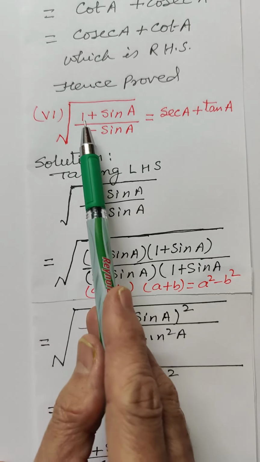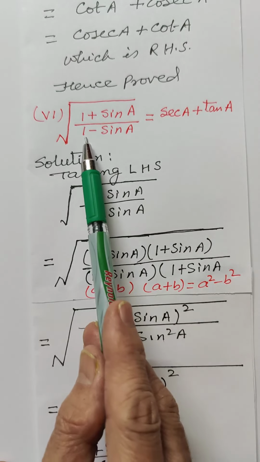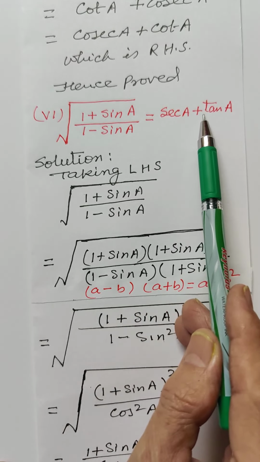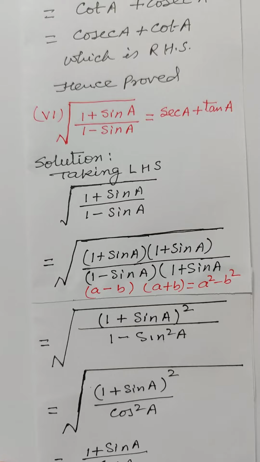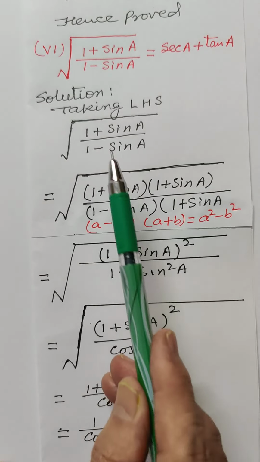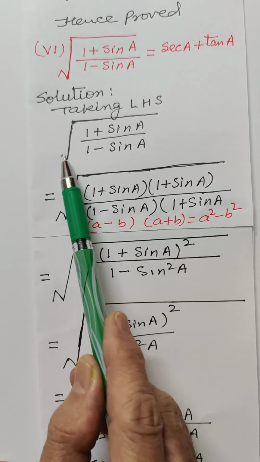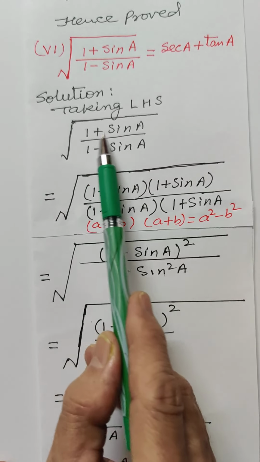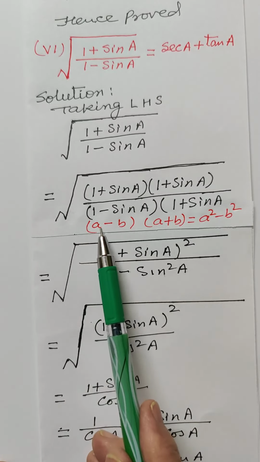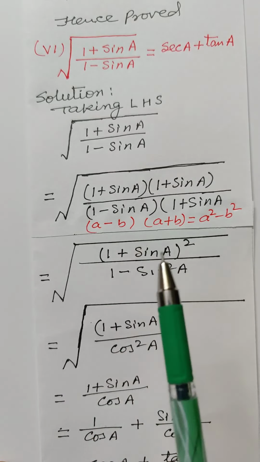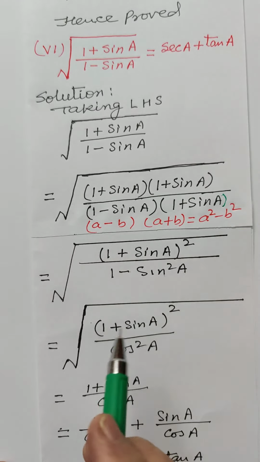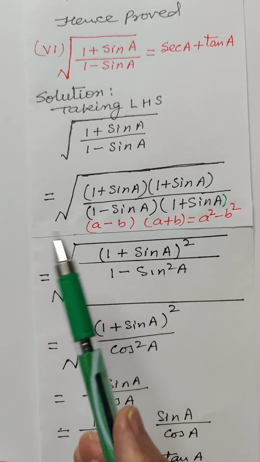Square root of 1 plus sin A upon 1 minus sin A is equal to sec A plus tan A. Solution. Taking LHS. LHS is square root of 1 plus sin A upon 1 minus sin A. Rationalizing the denominator.